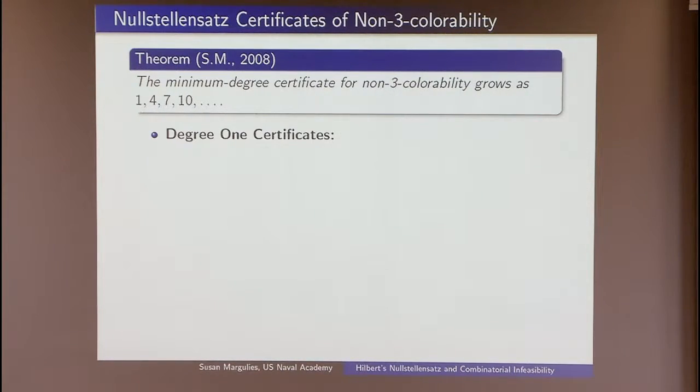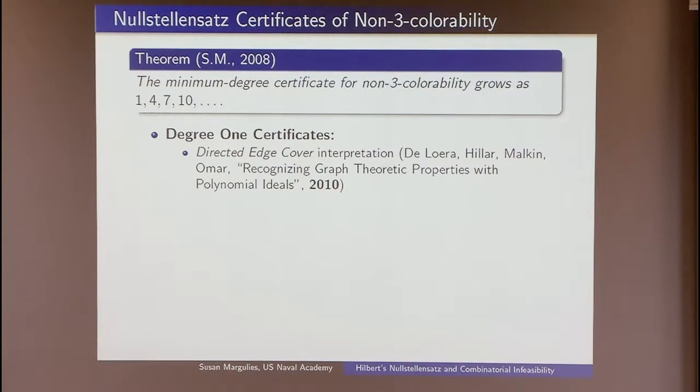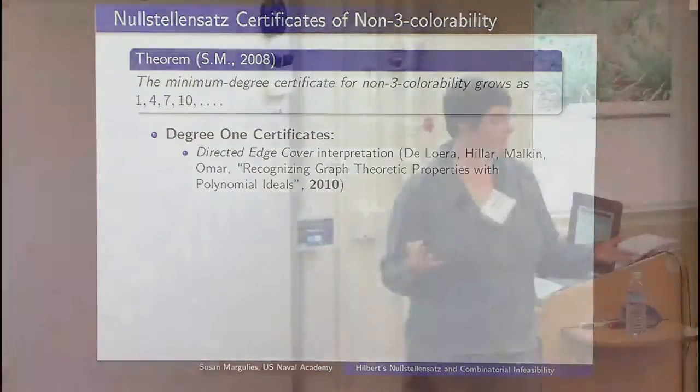And degree 1 certificates have been explored. There is a known combinatorial interpretation of just degree 1 certificates. And it was done twice, once by De Loera, Hillar, Malkin, and Omar in 2010. They described a covering of the graph in terms of directed edges. And they said if the graph had a particular covering of these directed edges, then it had a degree 1 certificate, and its non-colorability could be solved in polynomial time.